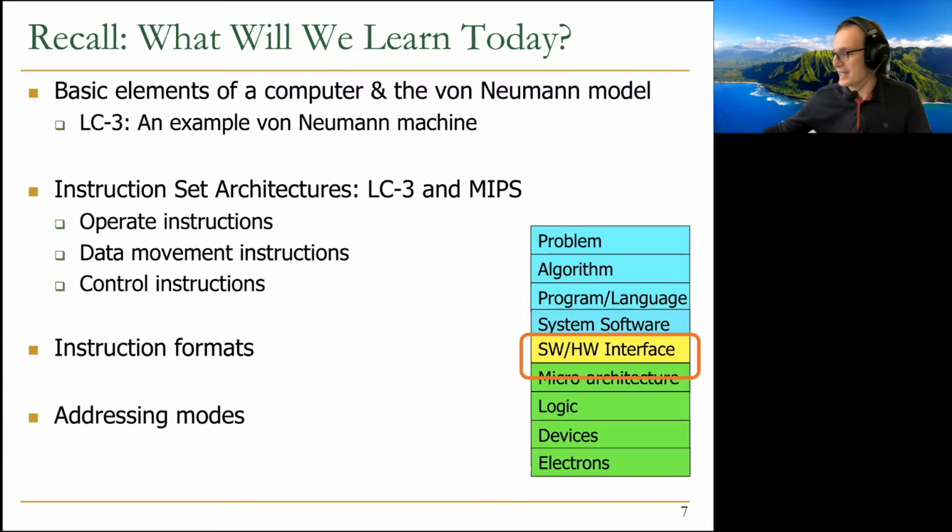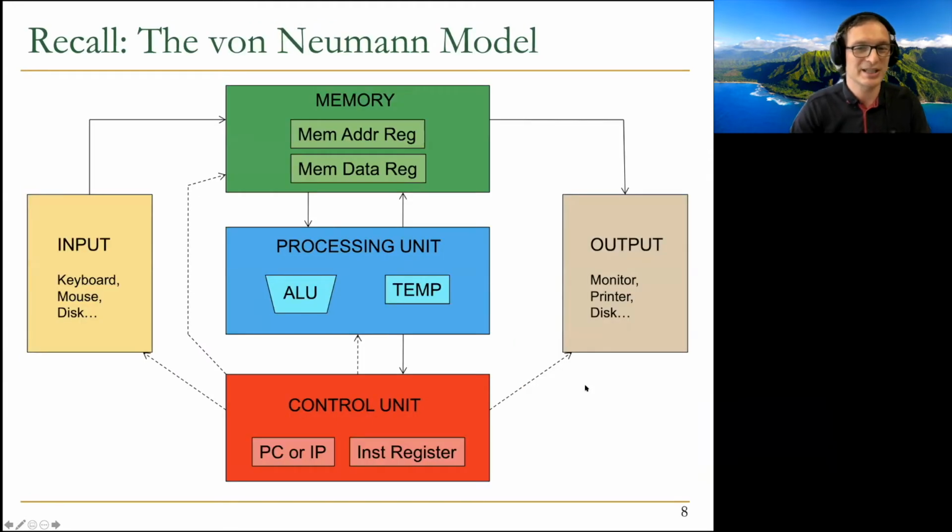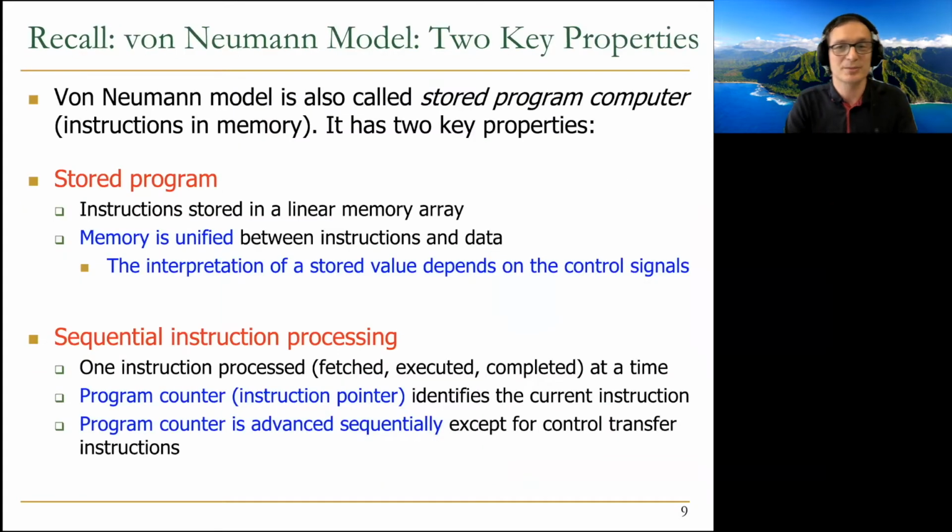Recall this slide. We basically said this is what we were going to cover, and we covered a good chunk of this, but we're going to continue today, looking into the software-hardware interface as well as the microarchitecture. Recall yesterday we talked about 5 components of the von Neumann model, and we're going to continue looking at those components in some detail. We also talked about 2 key properties of the von Neumann execution model.